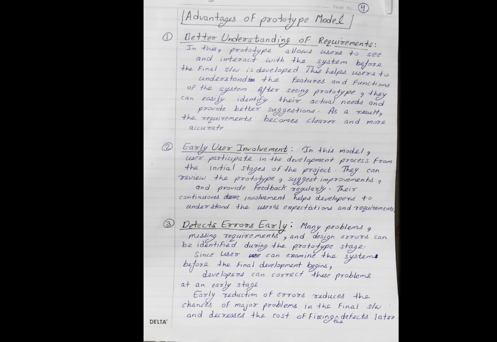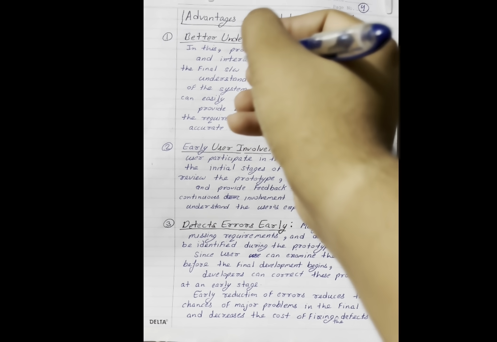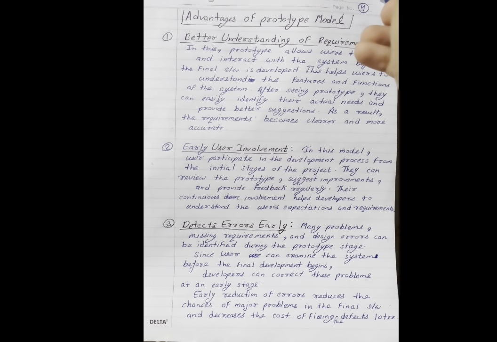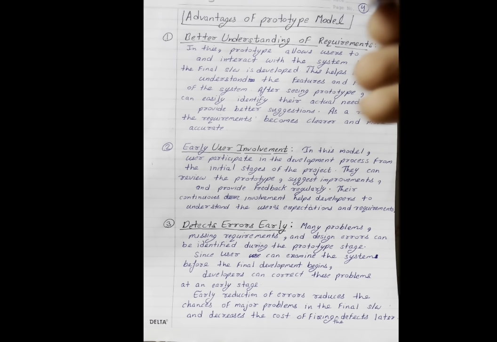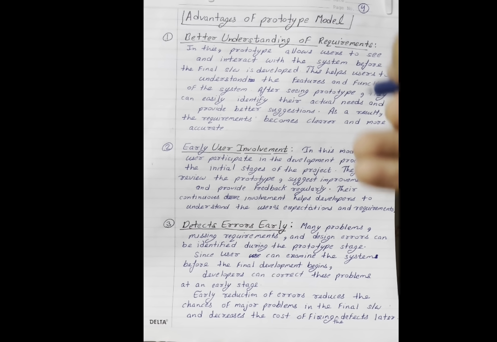So let's start. First is better understanding of the requirements. In this, the prototype allows the users to see and interact with the system before the final software is developed, and this helps the users understand the features and functions of the system.